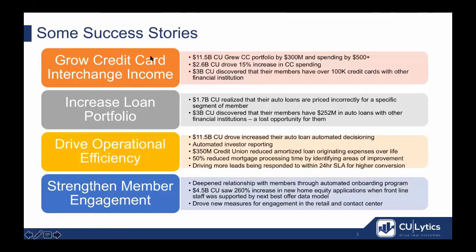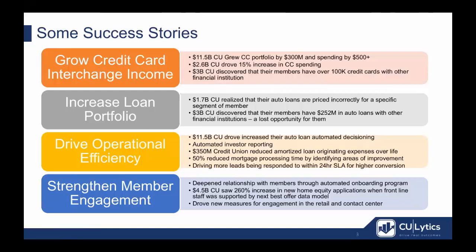For example, when we talk about credit cards, an 11.5 billion credit union used rich information about their members and used that information to revise the credit line of their members.